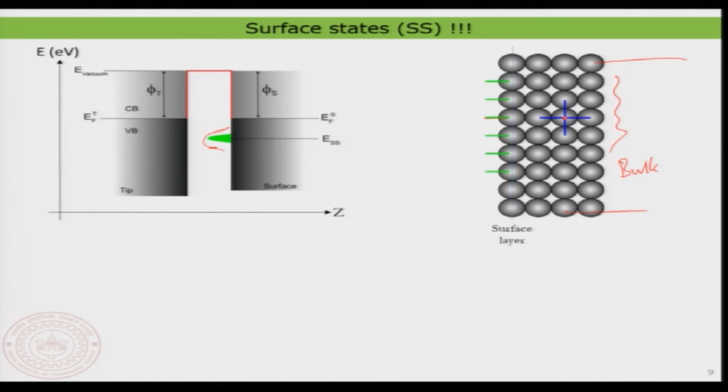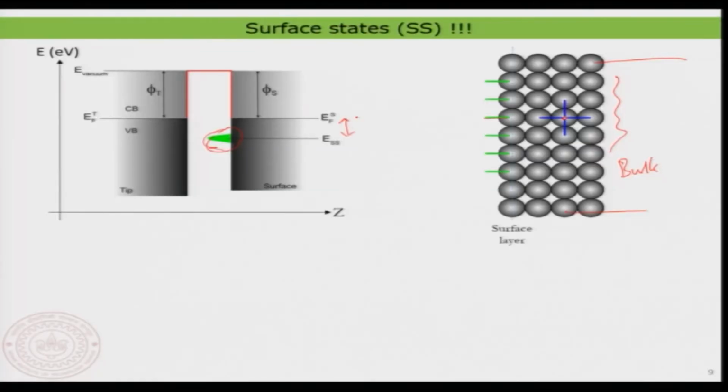That is what I have depicted here with this green Gaussian function, showing that somewhere close to the Fermi level you have an additional increase in the density of states, and that is coming from the surface state. Now, the energy difference between the Fermi level and the surface state, this part here, is known as the binding energy of that surface state.